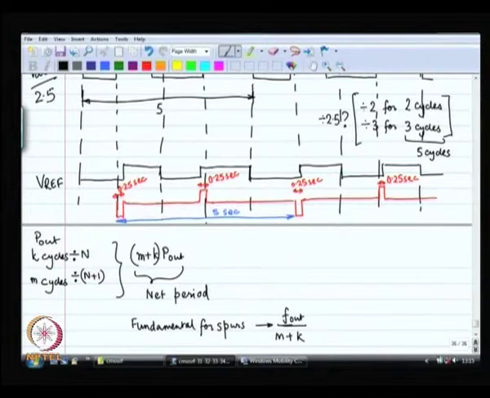Okay. Now, what is this fraction by which we have managed to divide by? Let us try to understand what this fraction is. K clearly has got to be a multiple of n, and m clearly has got to be a multiple of n plus 1. Okay. So, k number of cycles has to be something times n, otherwise you can't divide by n nicely, and m cycles you want to divide that by n plus 1.